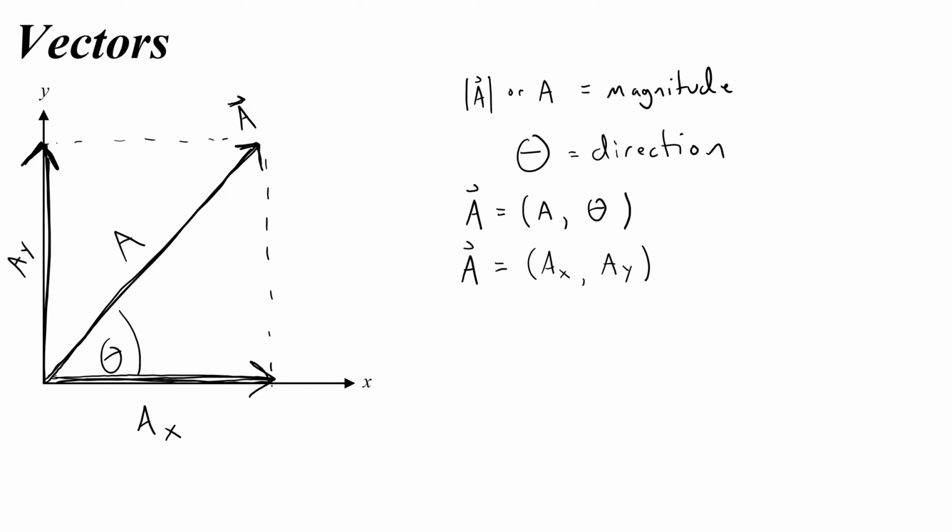Okay, so either we can talk about the magnitude and direction, so A and theta, or we can talk about the x and the y components, which are basically like the x and the y coordinates. What's nice about the x and the y coordinates is I can always think of them as making a right triangle. So like if I move this y coordinate over here, then I get a right triangle.